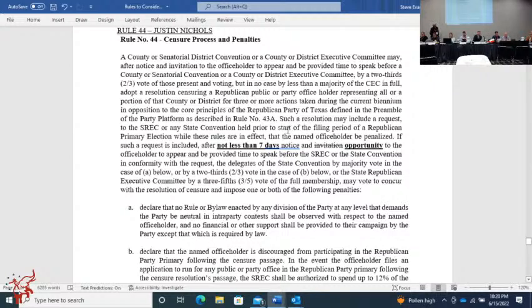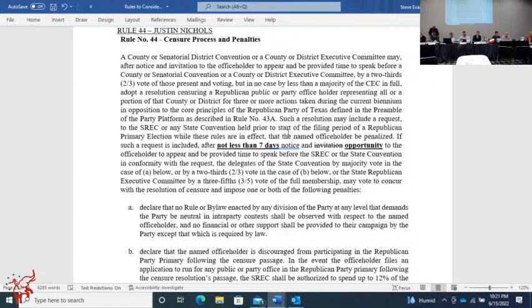Thank you, Mr. Chairman. The only substantive part that I've proposed is providing at least some real opportunity for the alleged violator or office holder to appear with 7 days notice. That's relatively short notice anyway, and clarify that instead of an invitation, they're given an actual opportunity to appear before the body that would be deciding whether or not to ultimately censure them.